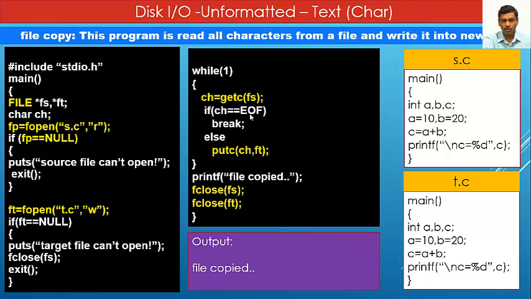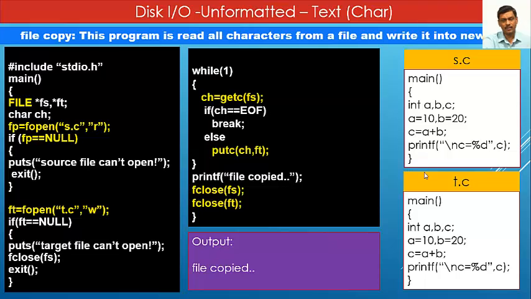So this includes the ASCII value 26. ASCII value 26 is the last character of a text file. If we create a text file and enter some data, it internally stores one ASCII value 26 at the end of the file.